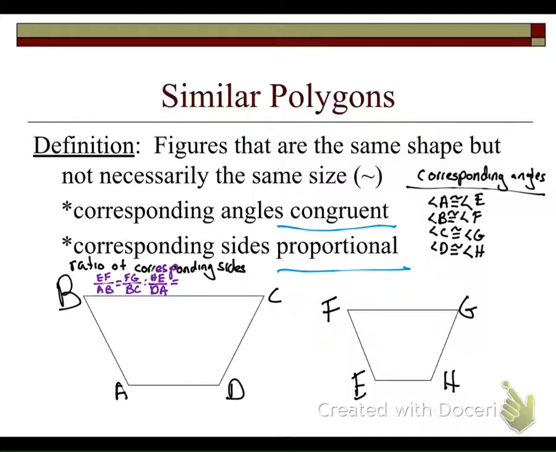And then we have, which one did I forget? CD. CD? Okay, thank you. So we have CD, and the numerator is GH.